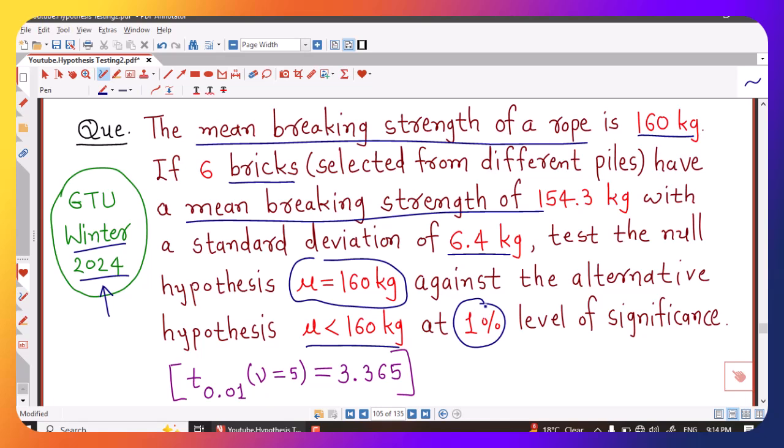So here they are talking about mean breaking strength of a rope, and here they have written 6 bricks.